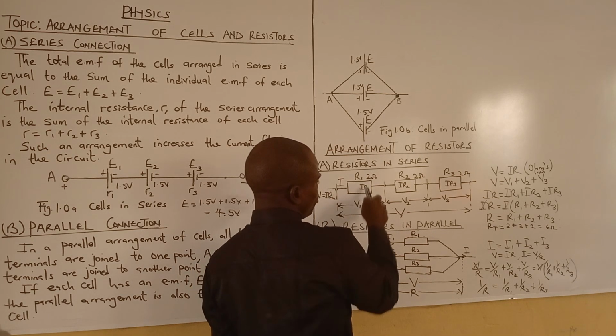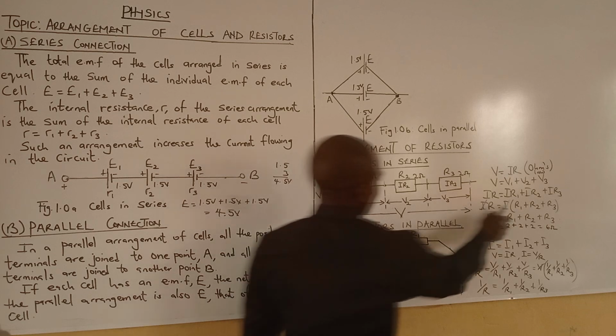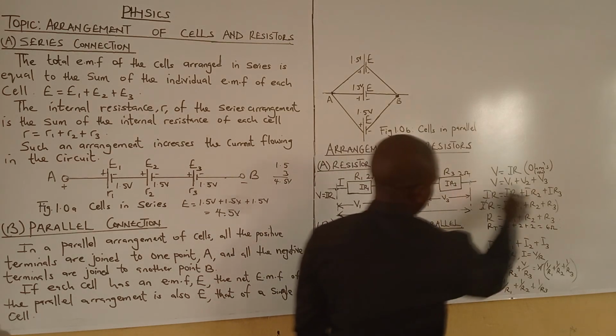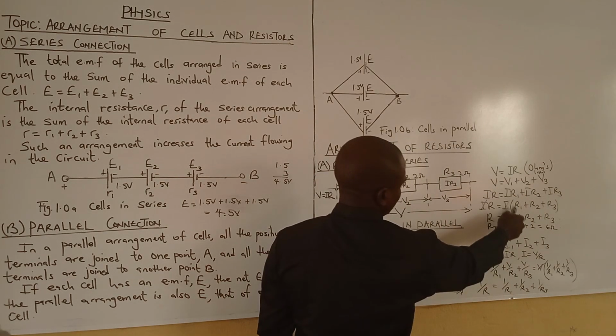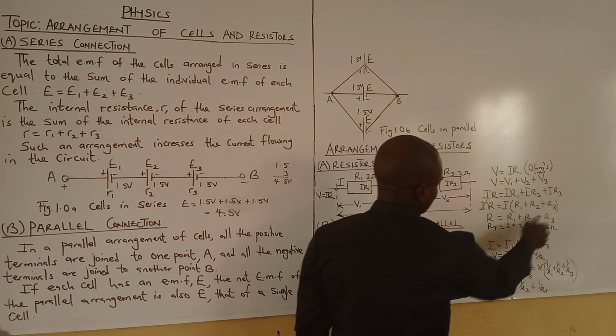Now when it gets here, there will be a voltage drop, which is IR1 plus IR2 plus IR3. The current factorizes out and cancels. R equals R1 plus R2 plus R3.